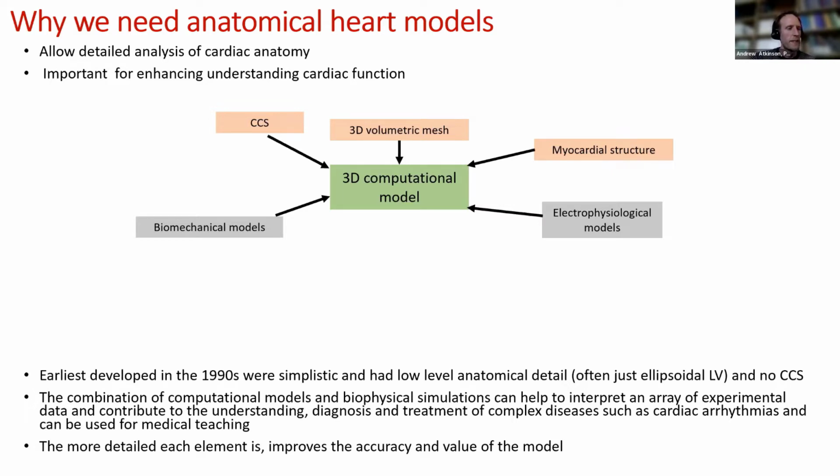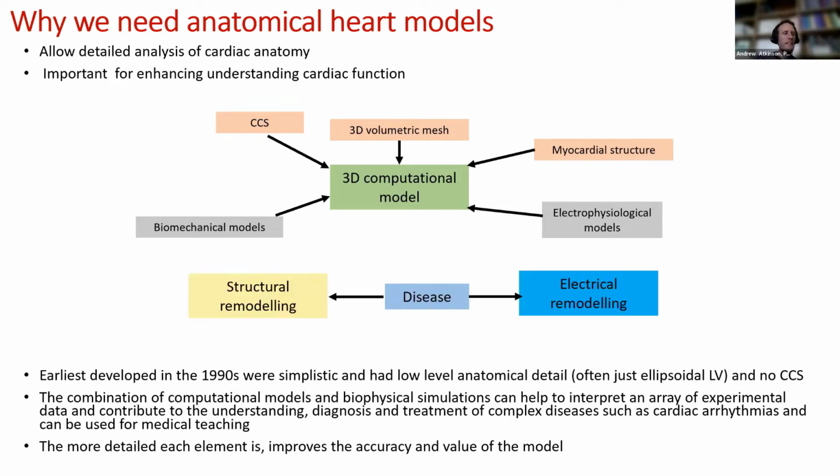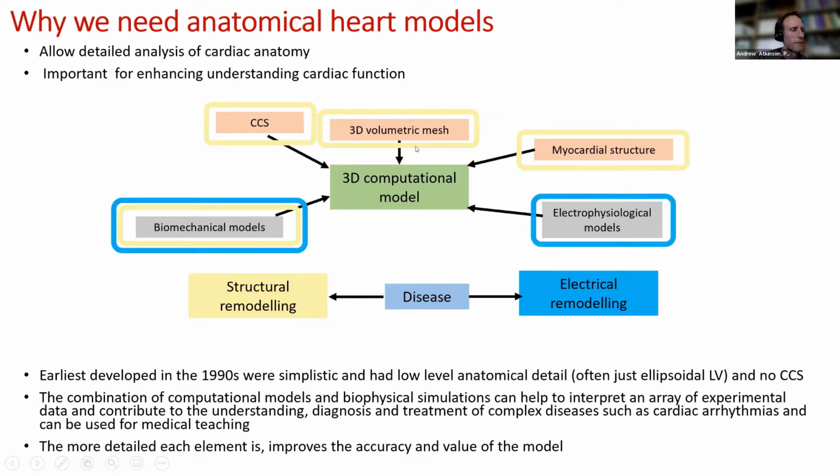The more detailed we can get each of these elements, the more valuable our simulations can potentially be. And then these models can be used to help study disease, where we'd expect to see some forms of structural remodeling in the myocardium and the conduction system. These will modify these elements. And we also get electrical remodeling, which can then be incorporated into the electrophysiological models and the biomechanical models.